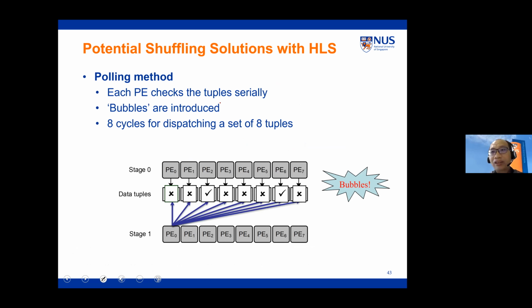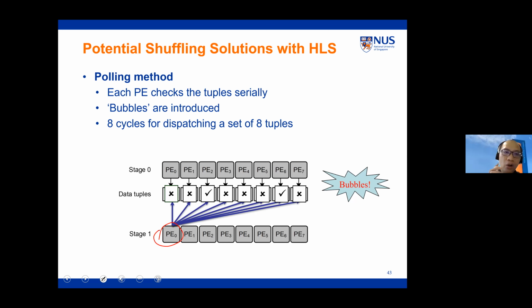So we looked at the existing approaches, and the first baseline is called polling. The basic idea is that each consumer PE will poll the producers to check whether a tuple is available and whether the tuple is going to this PE or not.